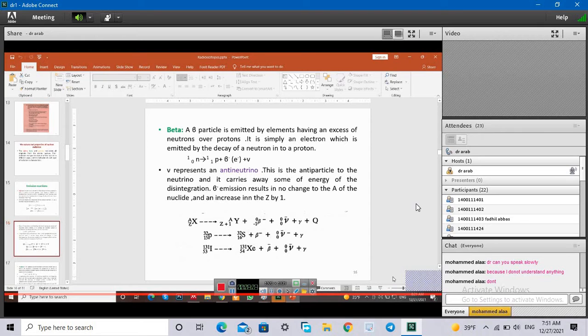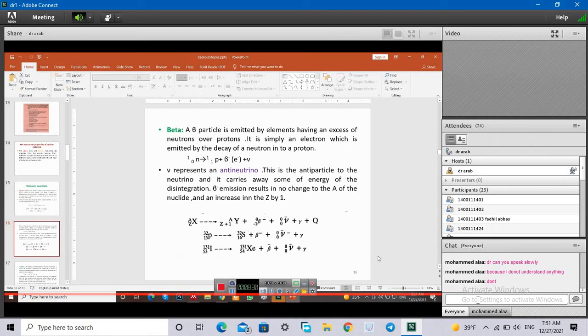In addition, in this equation, as far as you remember, we have another particle named antineutrino, which is produced to conserve the energy. I said in the last session that in each nuclear reaction we have 3 conservation laws.